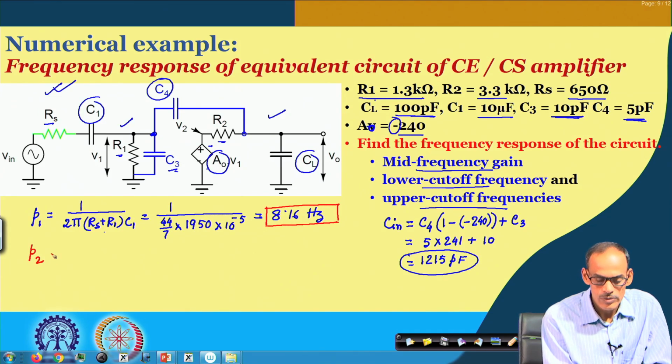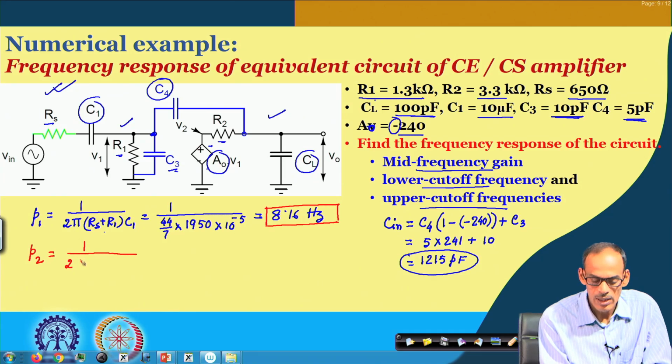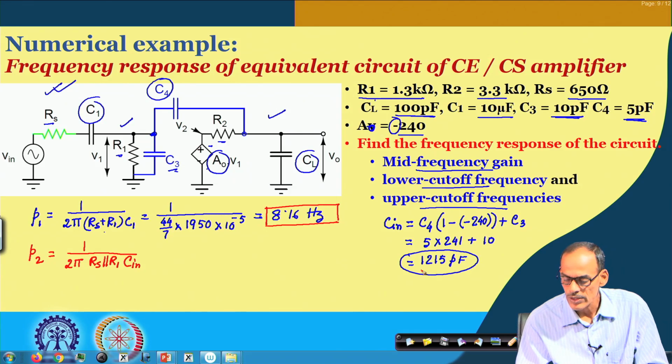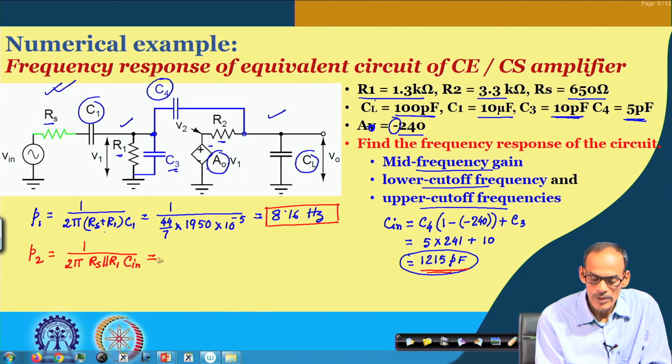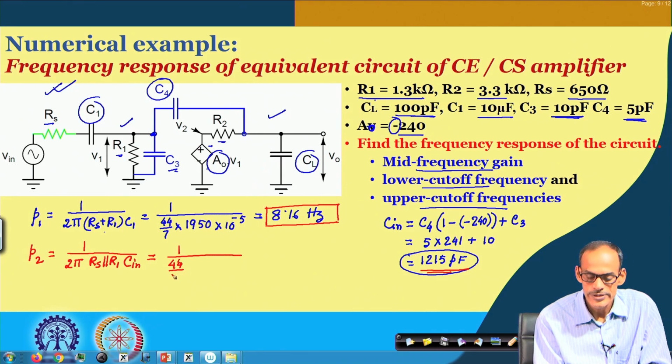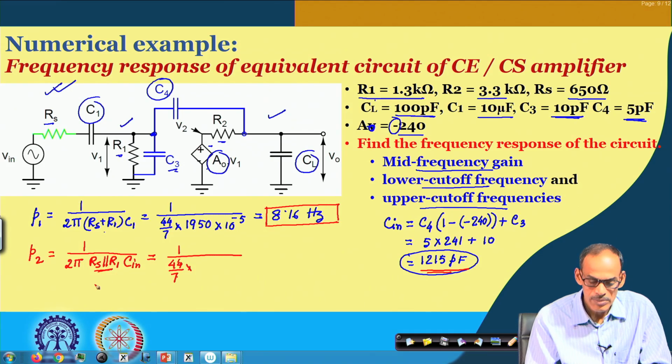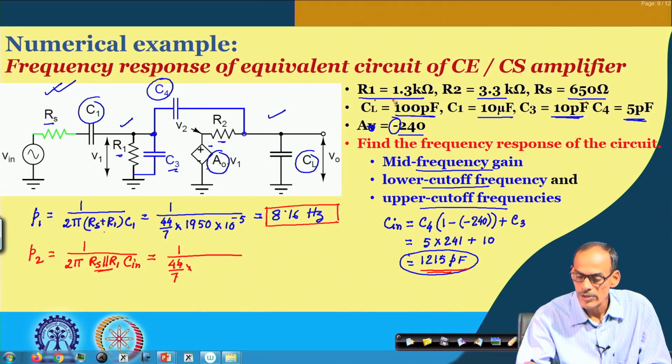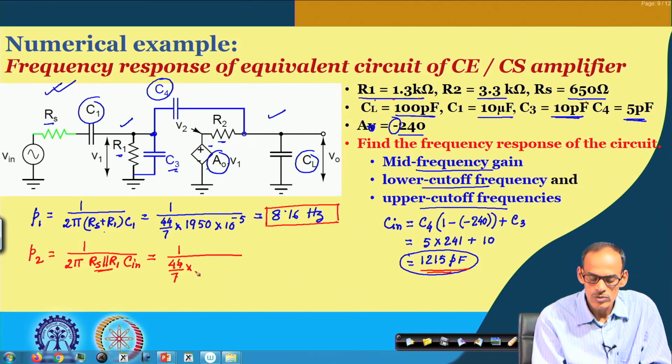So, you got the lower cutoff frequency is this one, and then we can get the second pole P 2, which is coming from again R s and R 1 in parallel, and since it is in hertz, we have to consider 2 pi. So, 2 pi, R s in parallel with R 1, into C in, and the value of the C in is given here. So, this becomes 1 by 2 pi into these two resistances in parallel. So, we do have 650 and 1.3 k, it is coming close to 400.